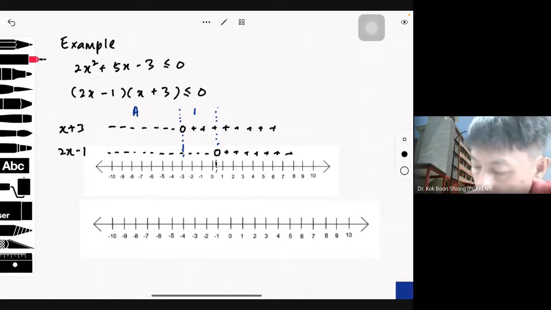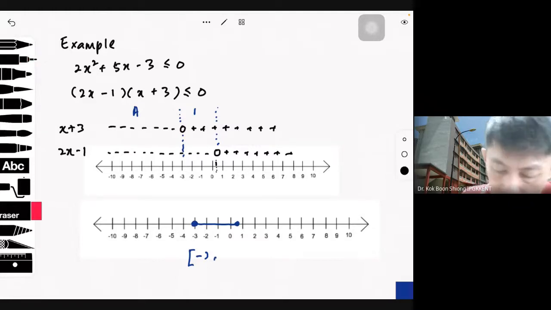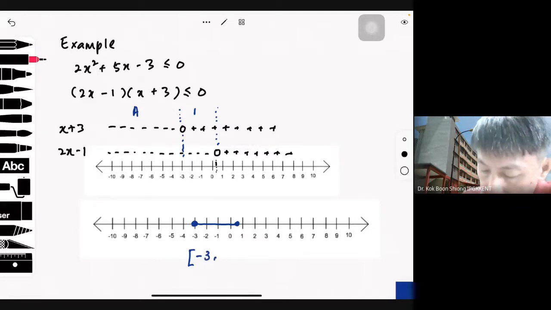So it is between, let's say I use a blue color, negative 3 and a half. So the answer is between this area. It is a closed interval, so it's negative 3 and 1/2.